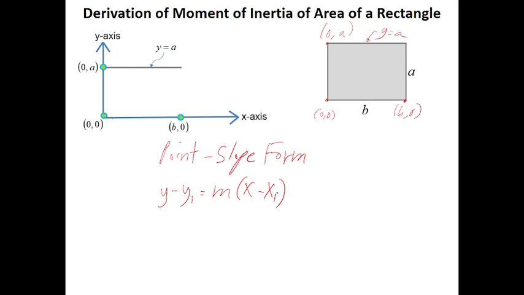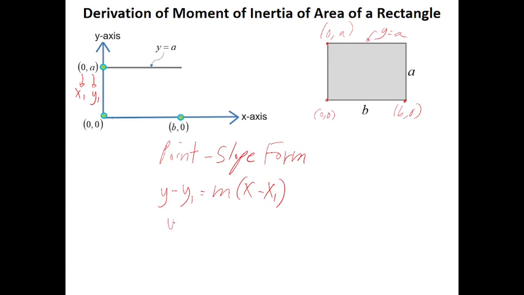Okay? So that's the point slope form. And in this case, this is x sub 1 and this is y sub 1. So the line passes through this point. Therefore, we can call this x sub 1 and A as y sub 1.